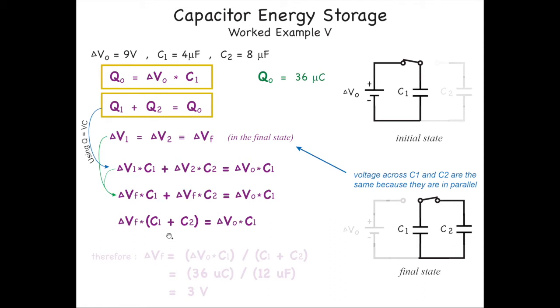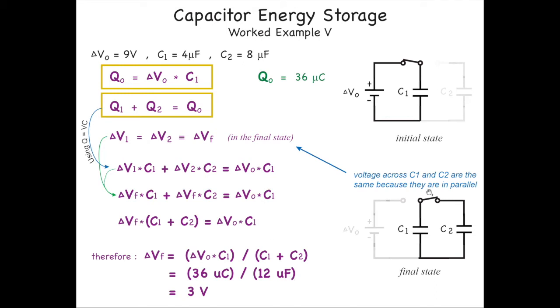Then, doing a little algebra to solve for delta VF, we can say that delta VF is equal to V naught C1 divided by C1 plus C2, bringing the C1 plus C2 over to the other side. Plugging in numbers, V naught C1 is Q naught, which is 36 microcoulombs, divided by C1 plus C2, which is 4 microfarads plus 8 microfarads, giving us 12 microfarads. 36 microcoulombs divided by 12 microfarads gives us 3 volts.